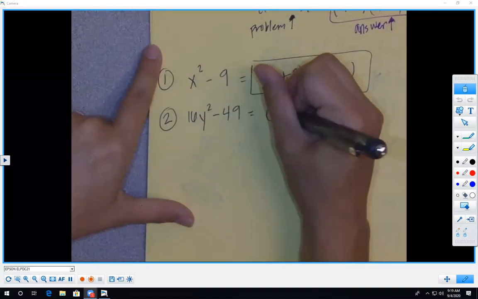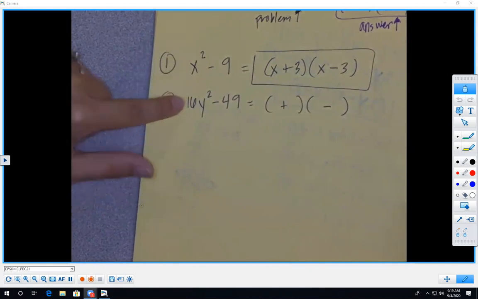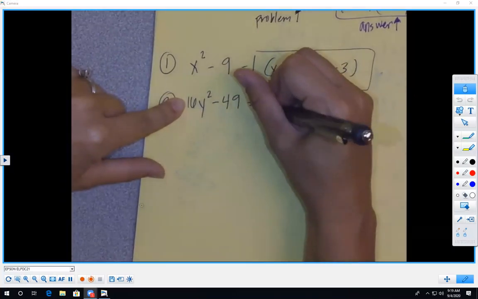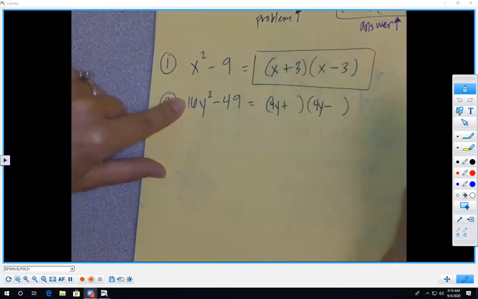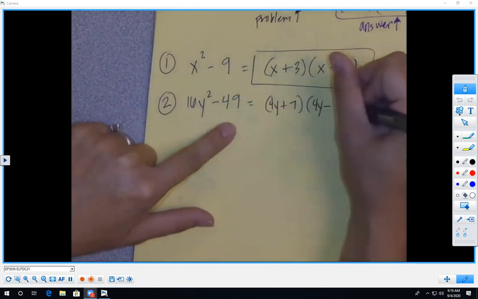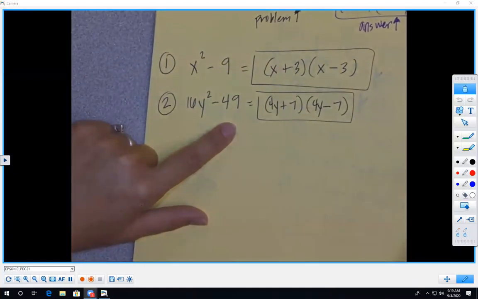One has a plus sign in the middle, one has a minus sign in the middle. Again, it doesn't matter which one you put first. And then you take the square root of everything. What's the square root of 16y squared? 4y. That goes at the beginning of both of them. What's the square root of 49? 7. That's going to go at the end of both of them. And that's your answer. Pretty straightforward.